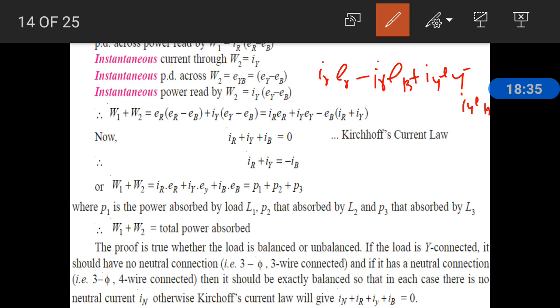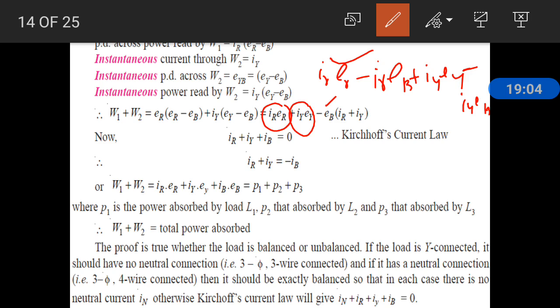Clear? So here we have IR ER and IY EY, and EB is common, so minus EB is taken outside and the remaining is IR plus IY.